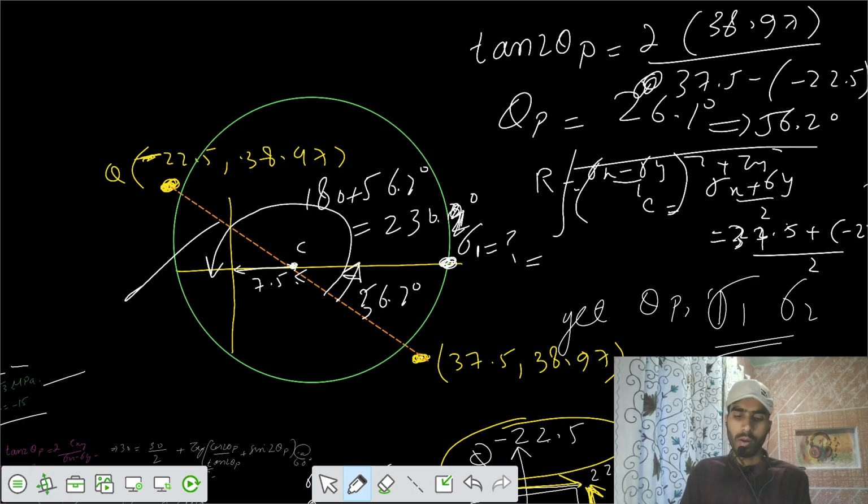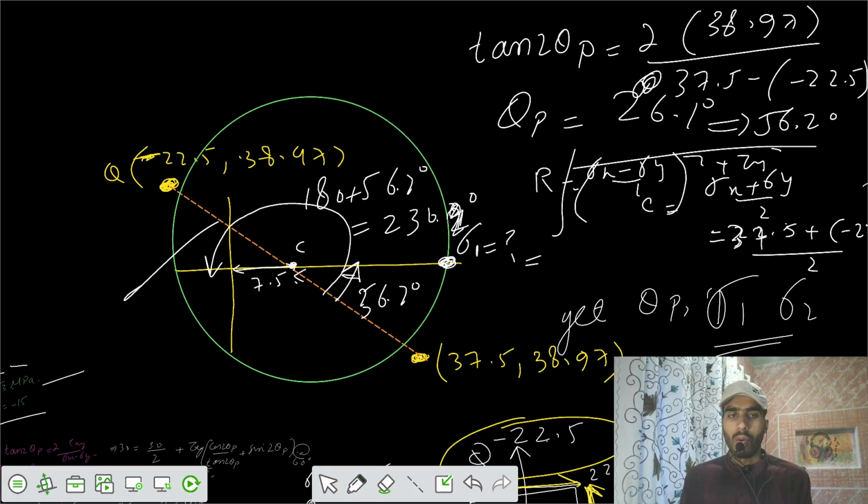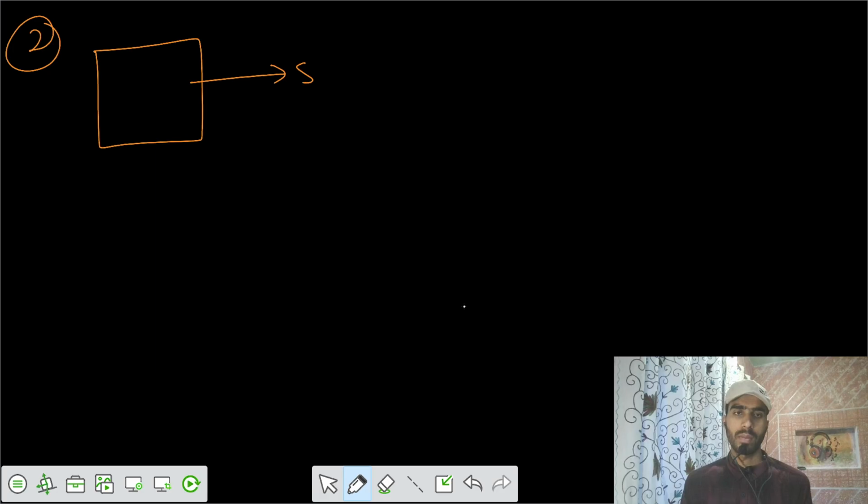Now we have one more problem, where we have a plane stress condition given. You have sigma x equal to 56 megapascal, and you have shear stress that is anti-clockwise. I would say that's negative shear stress, tau xy.